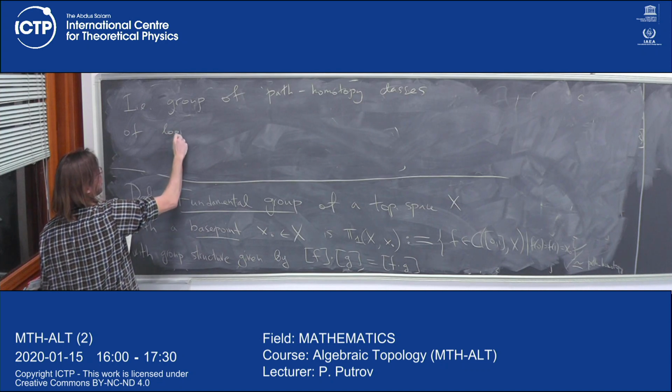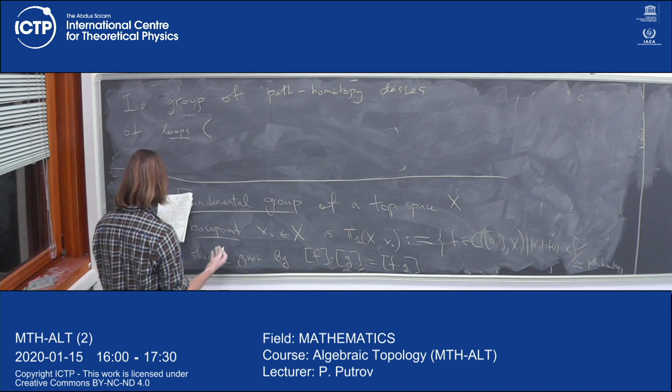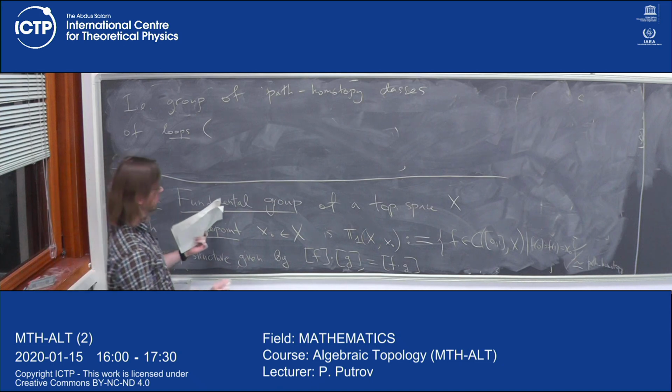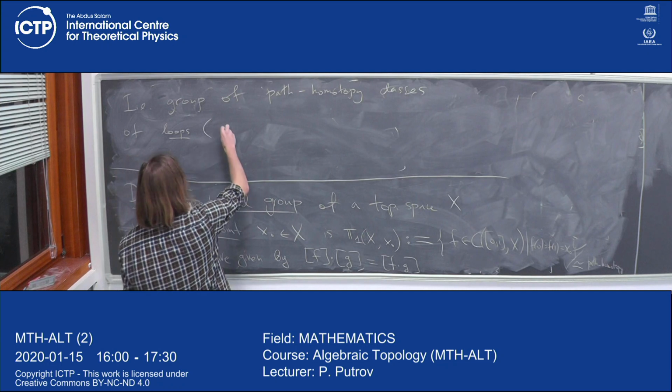A loop is by definition a path whose endpoints are the same. It's a path which starts and ends at the same point.